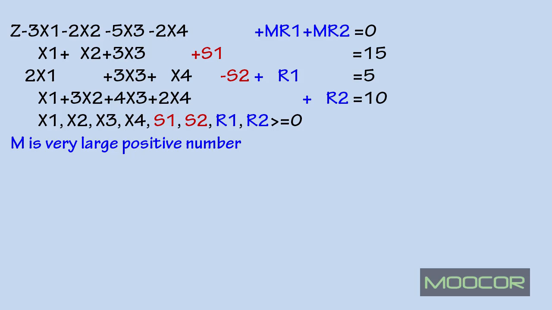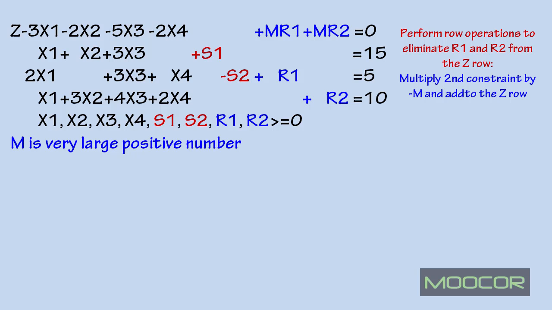So we need to eliminate these two values from the objective function row. The way that we do it is through row operation. So we can perform row operation and eliminate MR1 and MR2 from the objective function row.